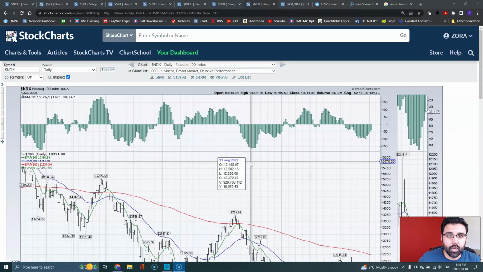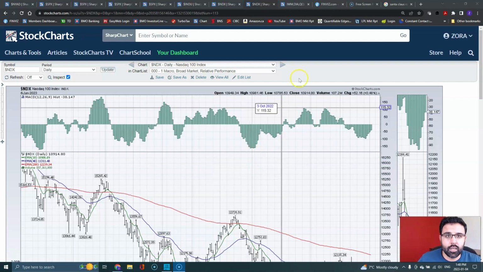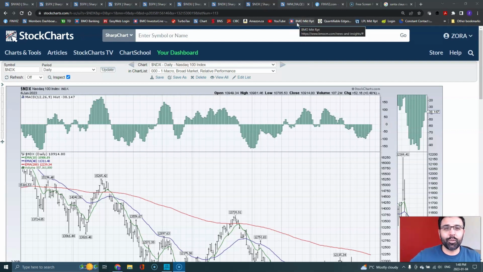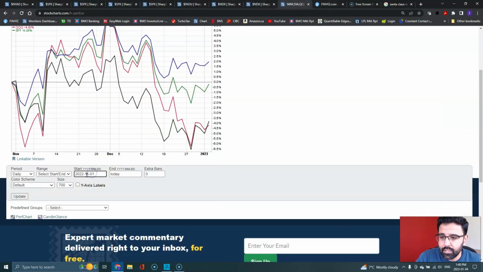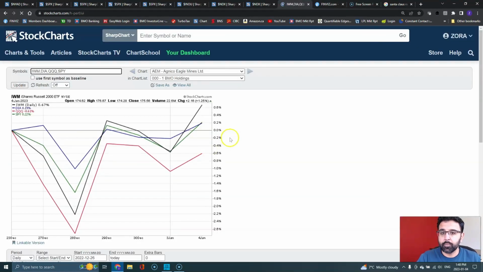What I'm going to go over is the January effect, and the Santa Claus effect. The Santa Claus effect is the last 5 trading days plus the first 2 trading days of January. So if they are positive, you know that Santa Claus came to Wall Street. So let's do that. Let's go to the last trading days. That was December. I'm going to go over the 26th and hit update.